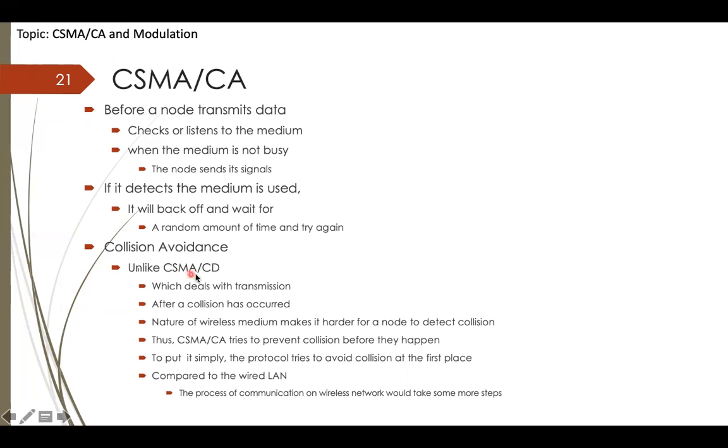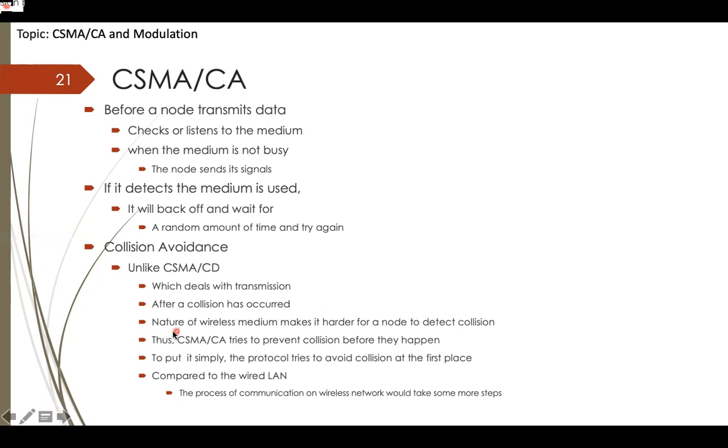Collision avoidance. Unlike CSMA/CD, which deals with the transmission after a collision has occurred, the nature of the wireless medium makes it harder for a node to detect collision. So we are avoiding actually. In CSMA/CD, if you remember, we had some strategies that we had to sort out after the collision happened.